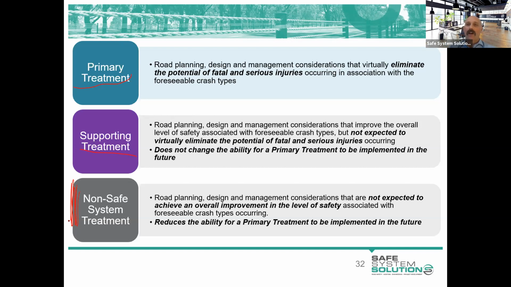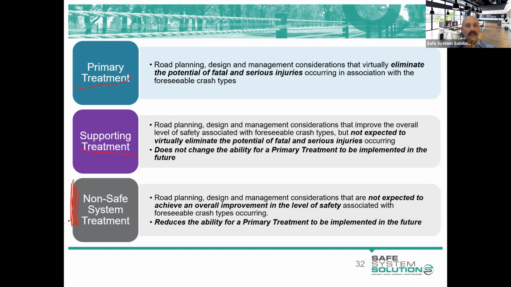So if you're looking at your design and you go, oh, well, I should really do a splitter island here, and you go, that would incredibly help things. So, is that a primary or is that a supporting? Go to the Austroads Safe System Assessment Framework, look at the crash types, see if they've already listed splitter island, or if not, something that does similar things, and you'll discover that in 999 cases out of 1,000, it's a supporting treatment.